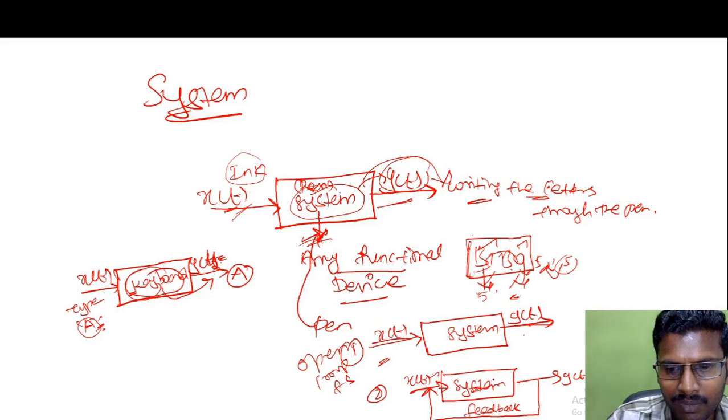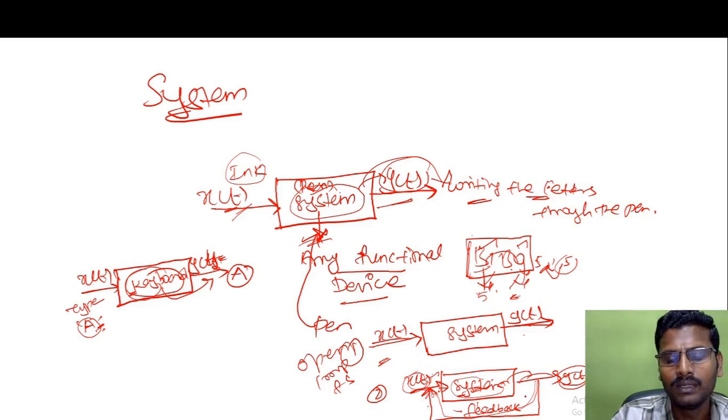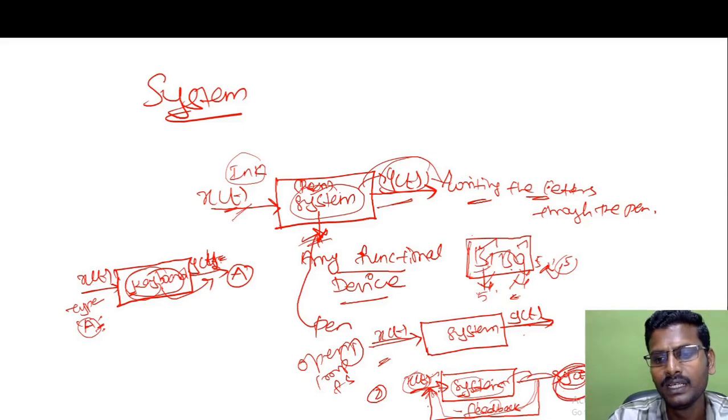It is processing the x of t input signal and producing output y of t, and the same output is again fed as input to the system, right? So again, this x of t and this feedback will act as input to the new system, and it will produce a corresponding output which will be given to y of t, and again this kind of iteration will be repeated until we get the desired output, right? Until we get the desired output.